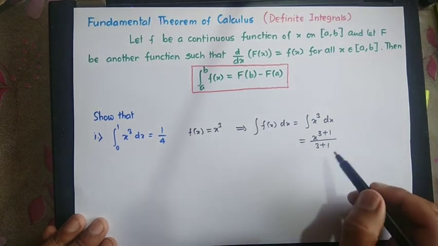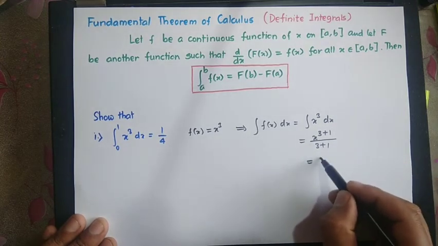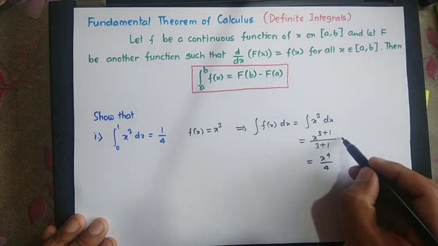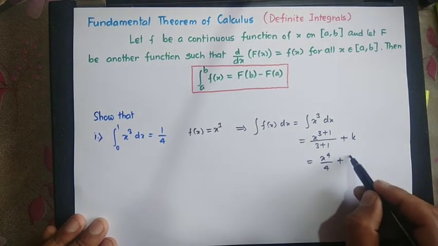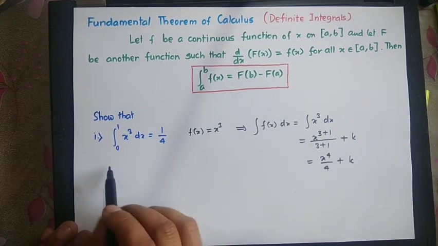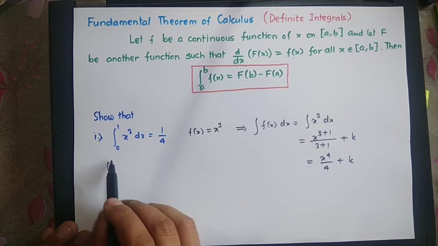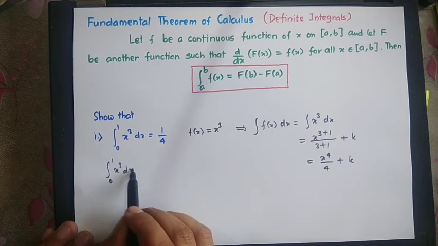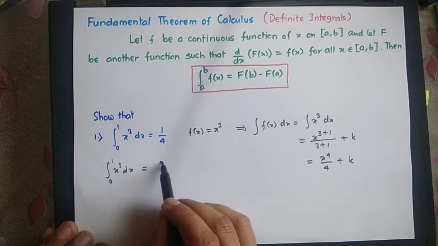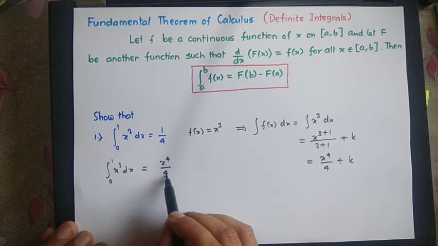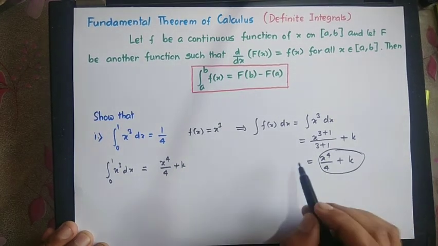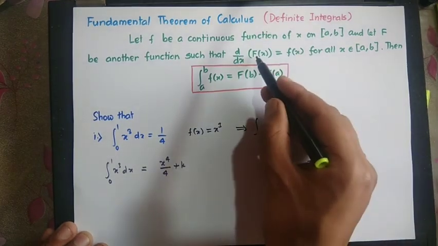So this is x to the power 4 by 4, and we need to put a constant of integration as well. So the value of the integral of x cube dx without the limits is x to the power 4 by 4 plus k. After integration, whatever I get is my capital F(x).